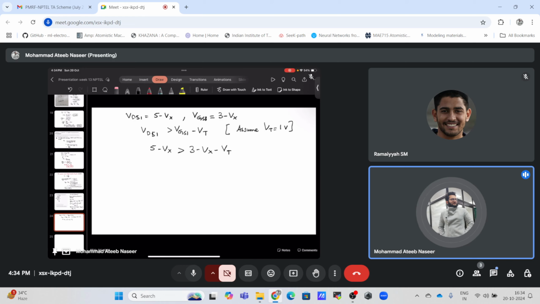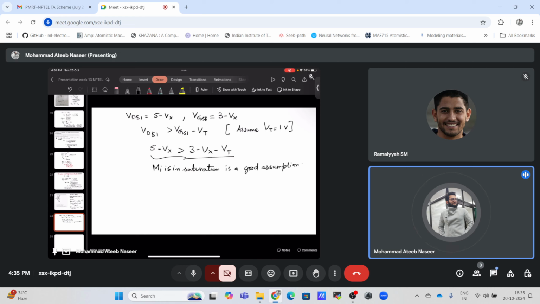For the n-type MOSFET, Vt will not be negative. So this is also always true. So the assumption that M1 is in saturation is a good assumption to start with, and it is true also.